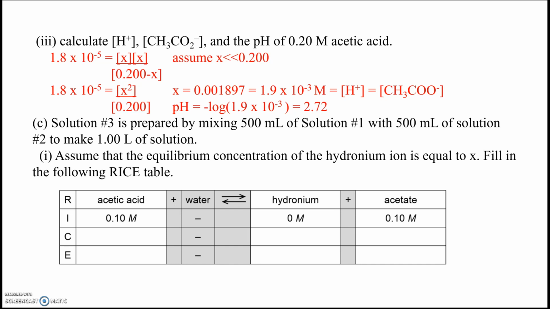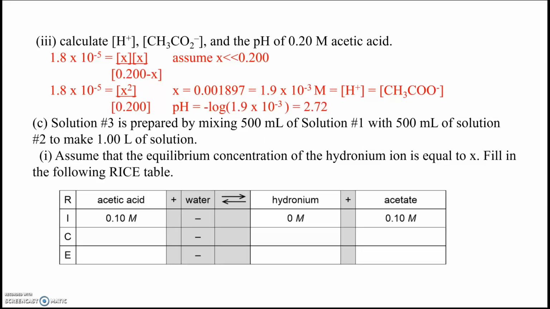And we assume that X is so much less than 0.2 that we can ignore it. When we do, we get X is equal to 0.001897, or 1.9 times 10 to the minus 3. And when we take our pH, the negative logarithm of that number, we get 2.72. I strongly urge you at this point to get your calculator and make sure you can do this.